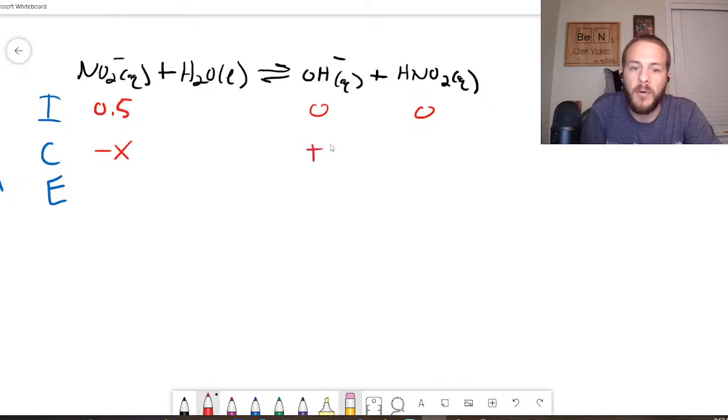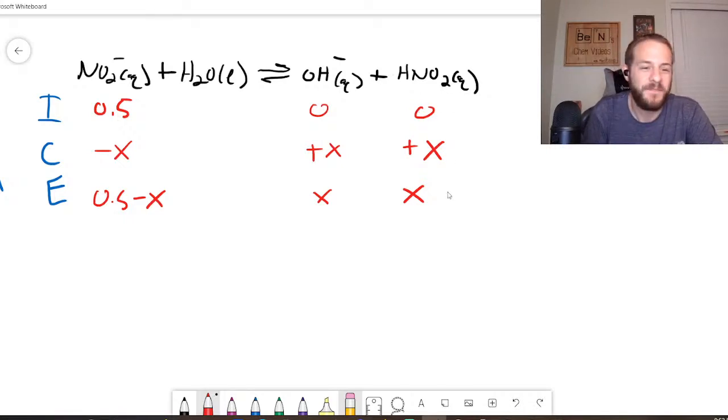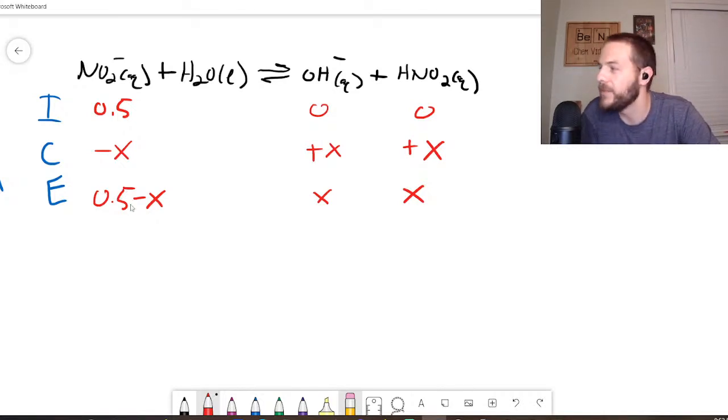The concentrations of the products will increase by the same amount by which the reactant concentration is decreasing. And then at equilibrium, we have 0.5 minus X in the case of NO2 minus, and then we simply have X and X for hydroxide and nitrous acid. It's a bad habit. I keep saying nitric acid when I mean nitrous acid. I need to stop.